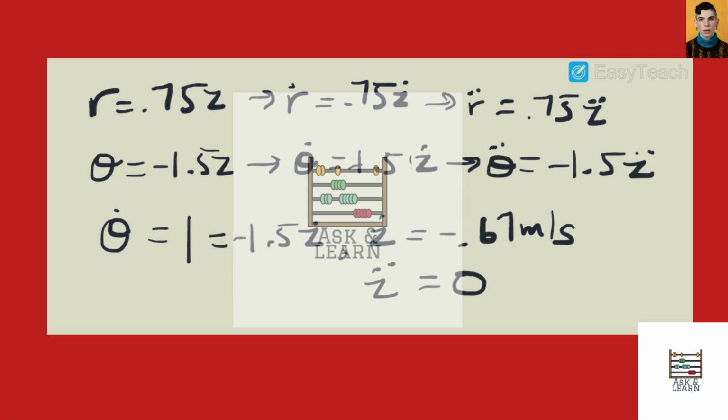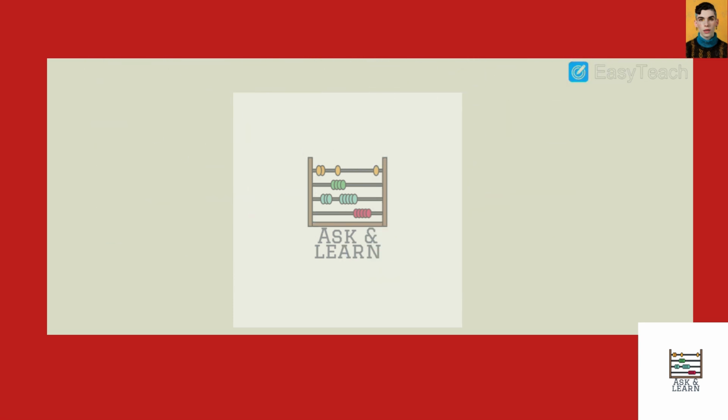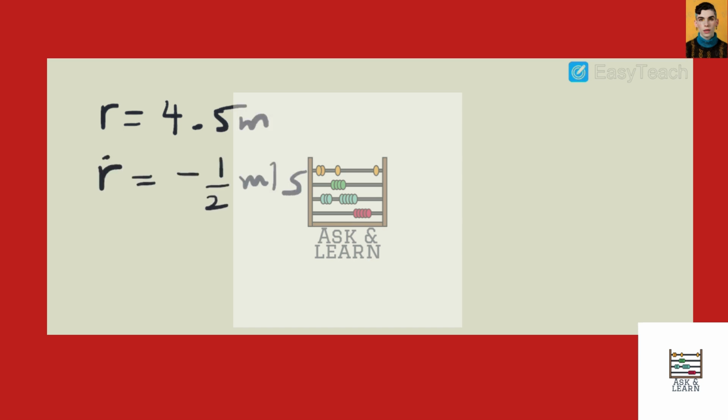Next, we can go ahead and solve for our r dots. Because we know at z equal to 6 meters, r is just equal to 0.75 times z. So this gives us r is equal to 4.5 meters. We know r dot is then equal to negative 1/2 meters per second. And we know that r double dot is equal to 0. And theta double dot is also equal to 0.